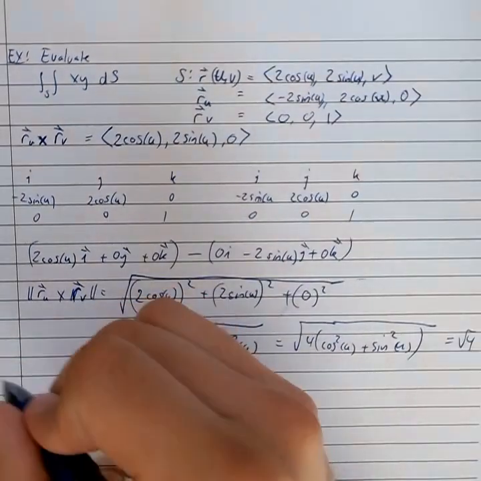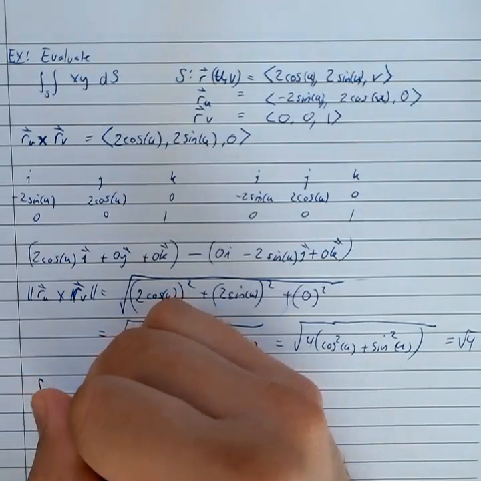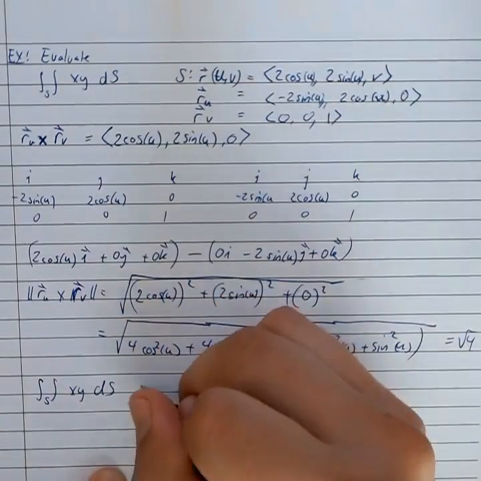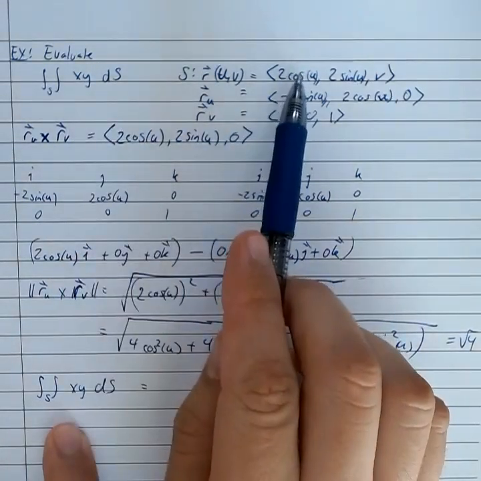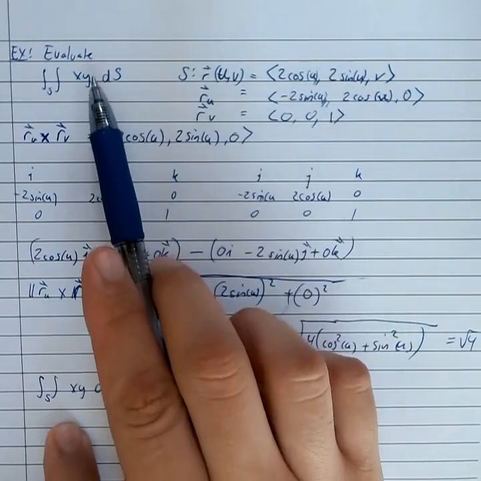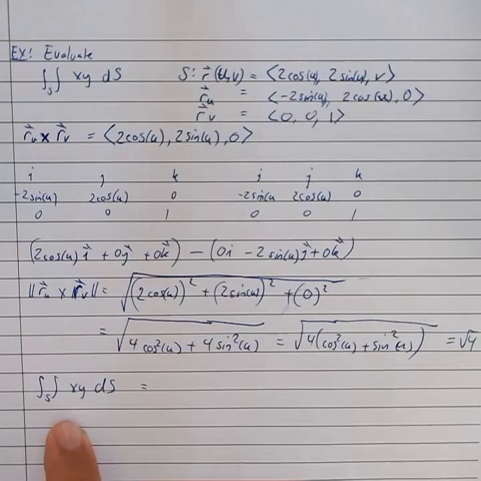So now we can evaluate our integral. Here our double integral over S of xy dS. Now note, x is equal to this and y is equal to this. So even though we don't have a z to substitute, the x and the y also are going to change.